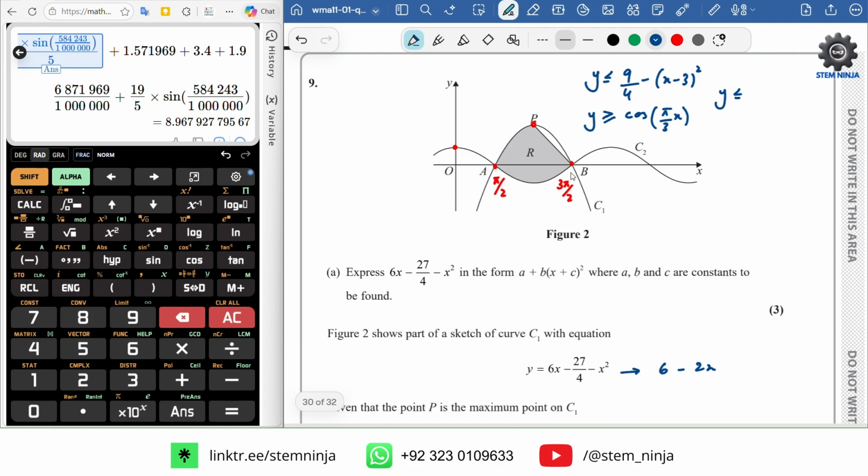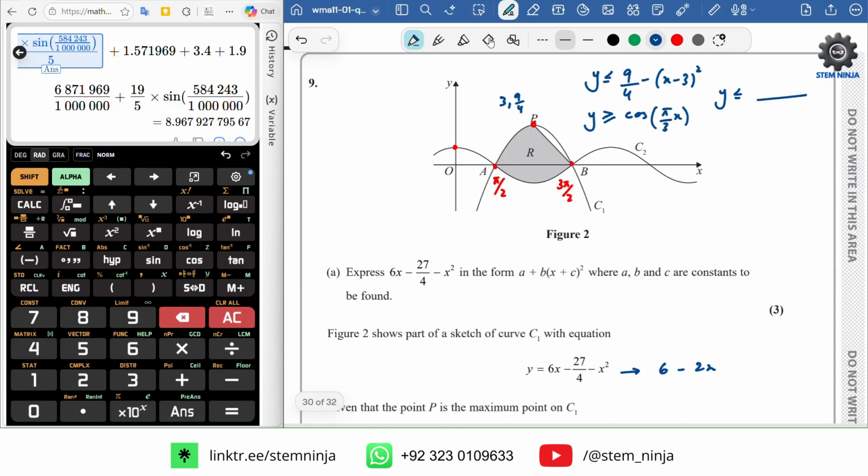So that means we need to know the line equation, right? So this point was at 3, 9 over 4. This is 9/2, 0. So we can just find the line equation.